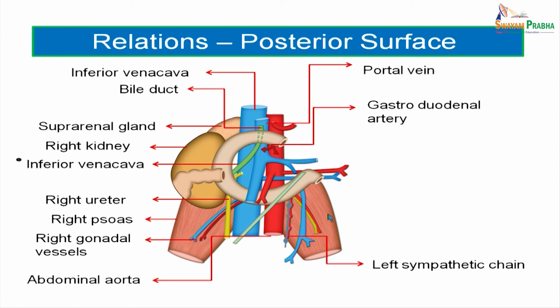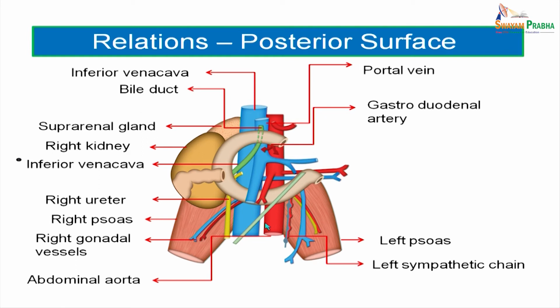And if we come across, we find the left sympathetic chain and we move on to the left side. So, to the third part, these are the structures which are related: the inferior vena cava, the right ureter, the right psoas, the right gonadal vessels, the abdominal aorta and partly the left sympathetic chain.